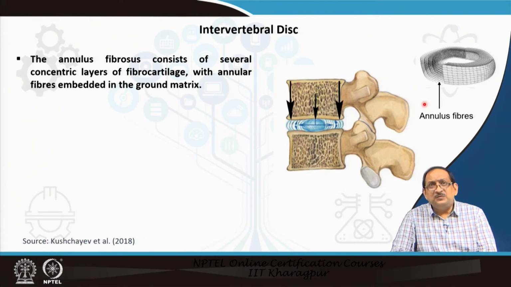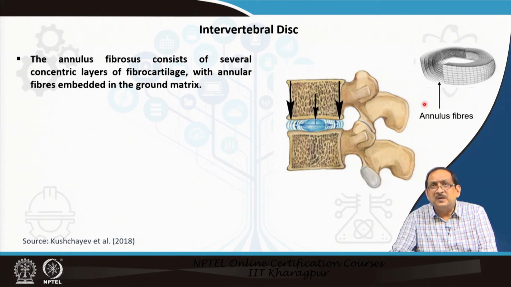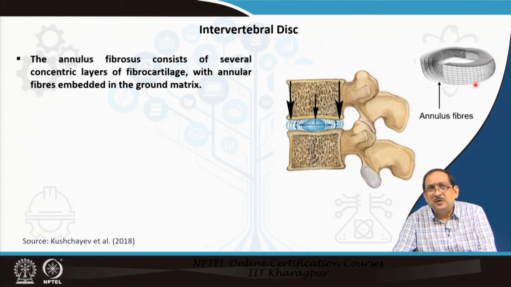The annulus fibrosus, as shown in the figure, consists of several concentric layers of fibrocartilage with annular fibers embedded in the ground matrix. So, it is a composite structure.